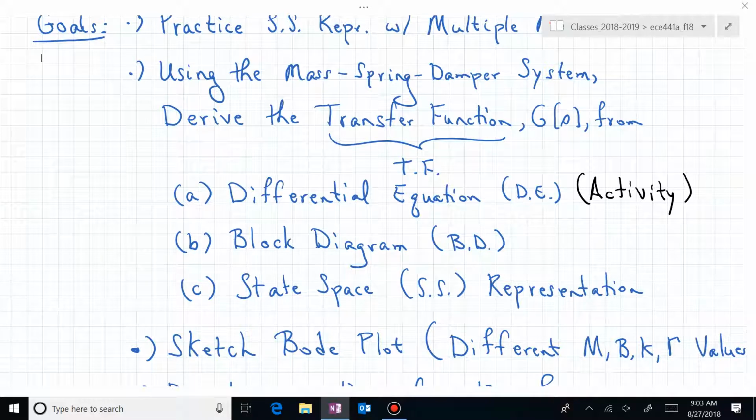I'm giving you all of these acronyms so that when you're texting mom or dad, you can just include the jargon, and I'm sure they will know that you're doing a TF to SS or a SS to TF transformation, and they'll know exactly what you're talking about. But that's what we're going to do today: a differential equation to TF, a block diagram to transfer function, and a state space to transfer function.